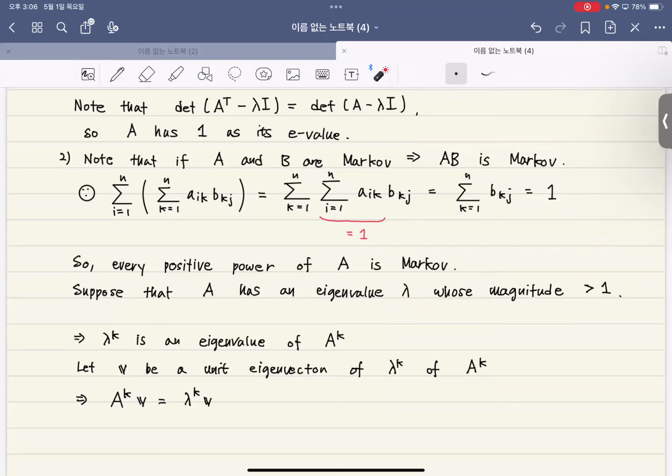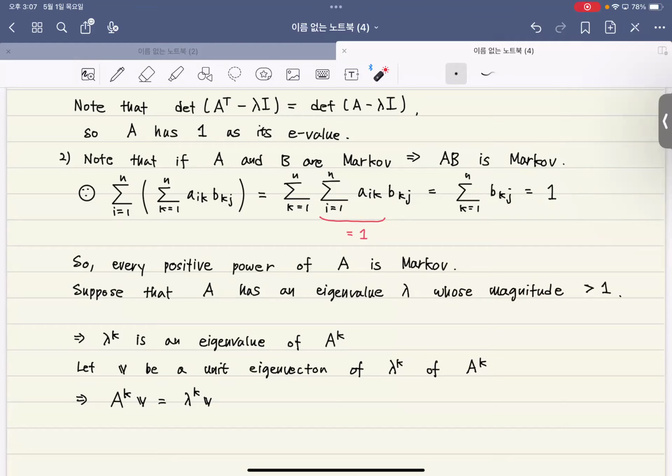Oh yeah, sure, absolutely. Since A^k is a Markov matrix, every entry of A^k is clearly bounded, a number between 0 and 1. And since v is a unit vector, it is also bounded. So every component of the left-hand side is clearly a bounded number between 0 and 1.